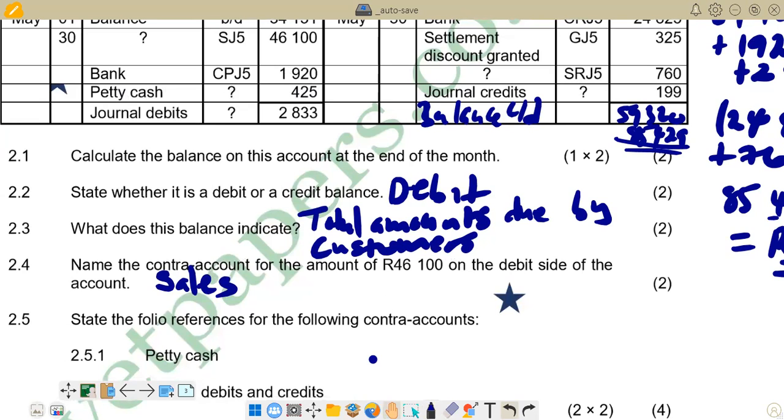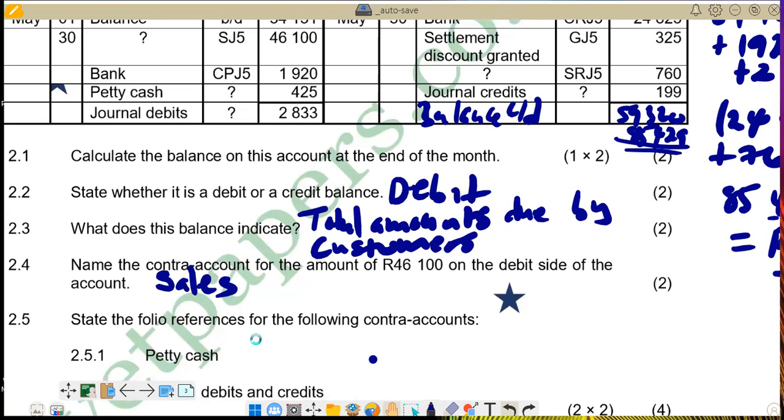So we are going to write petty cash journal there. Our response is petty cash journal. So that's what we are going to do there.